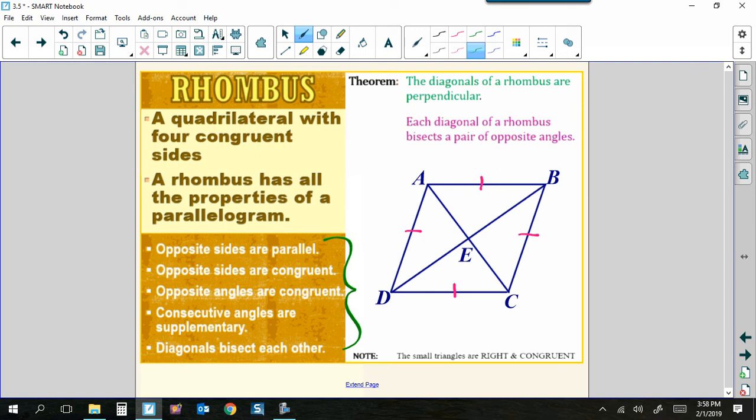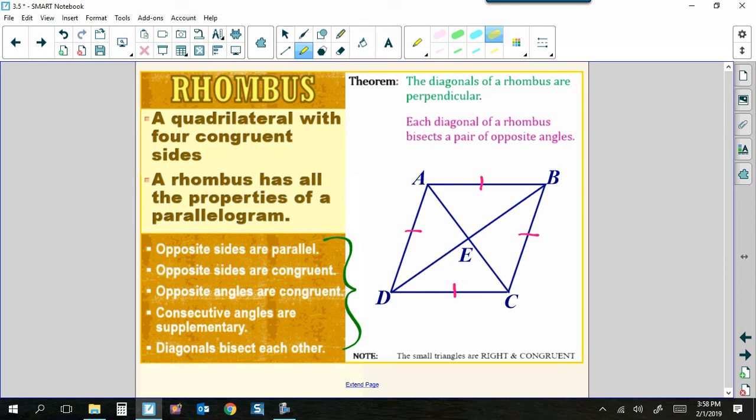And consecutive angles are supplementary. So angle A plus angle D equals 180 degrees. Or I guess I should say angle BAD plus angle ADC is 180 degrees. Your diagonals will also bisect each other.